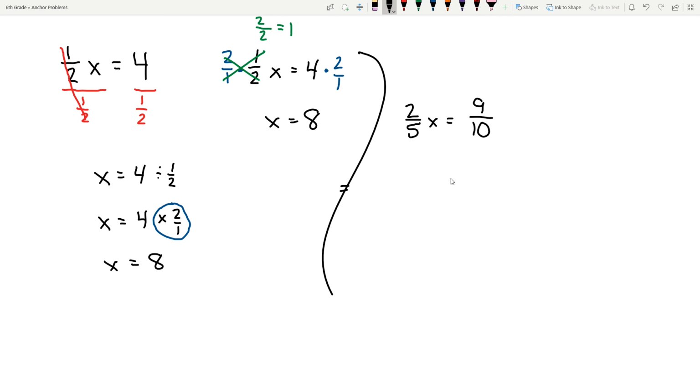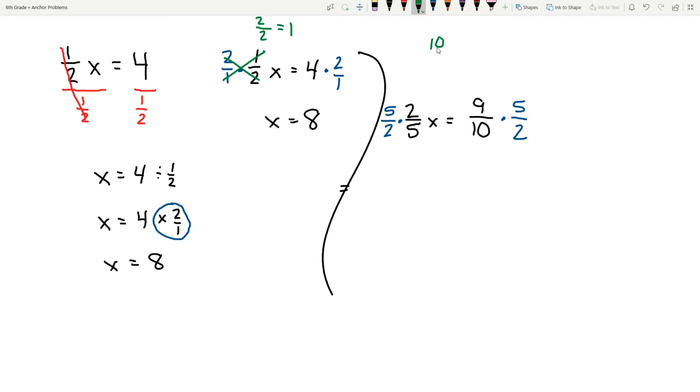Okay, if it's 9/10, the way I'd like you to approach these, if you have a fraction here with the variable and it's multiplication, instead of dividing, multiply by the reciprocal instead on both sides. Again, you're not going to have to write this part out, or what I'm about to write up here every time. Just wanted to show you why this cancels out.